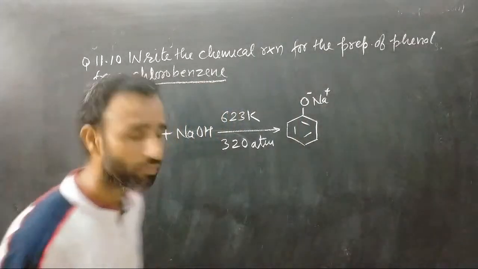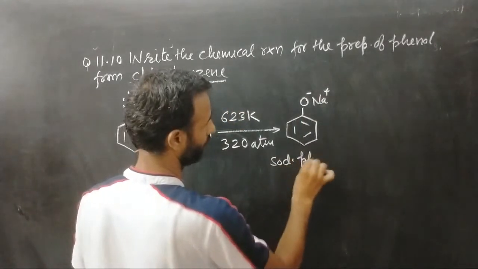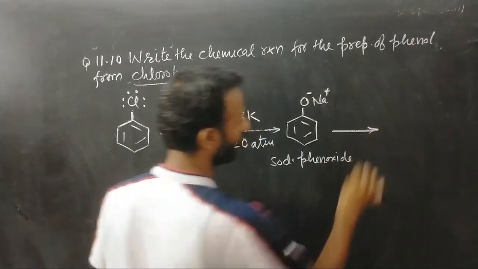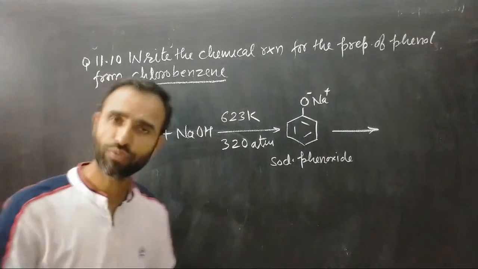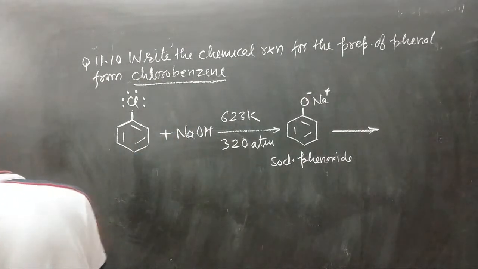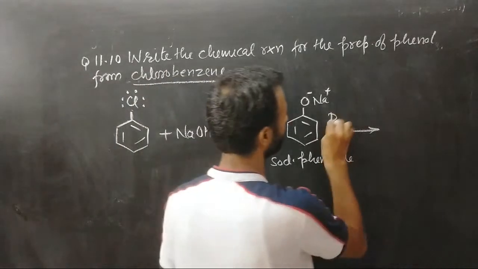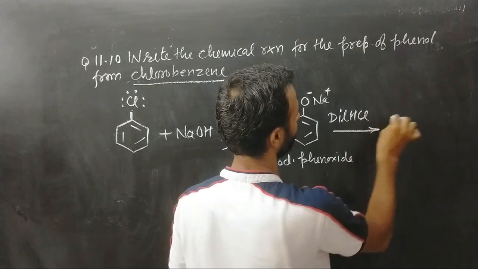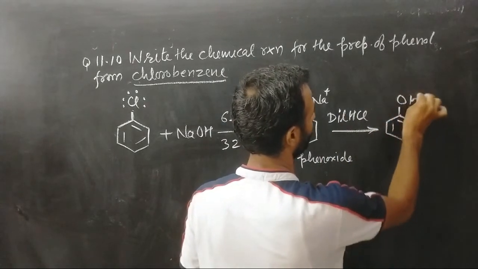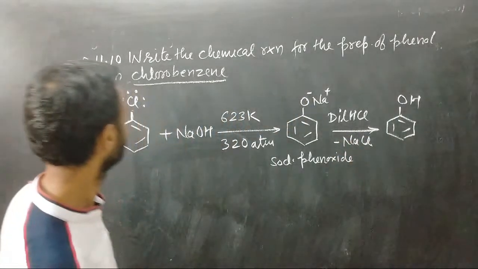That's why first of all we get sodium phenoxide, and the sodium phenoxide on hydrolysis gives phenol. That's it, right? Any doubt up to this? Just with dilute HCl we get phenol, NaCl is removed.